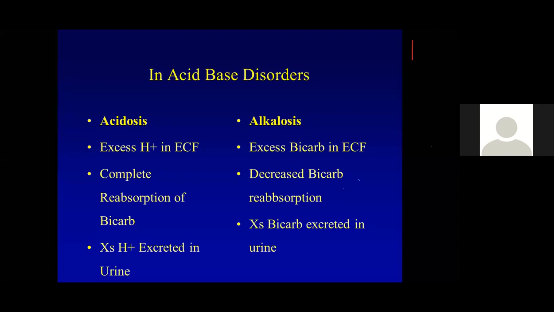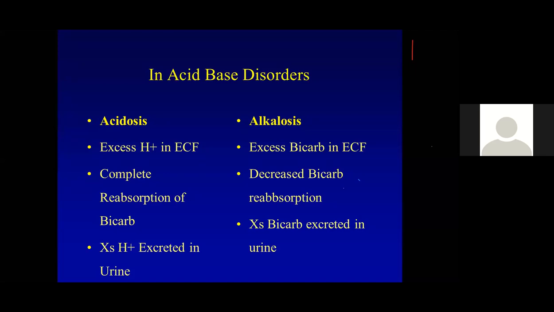When there is alkalosis, there is excessive bicarbonate in the extracellular fluid. So what does the kidney do? It will try to decrease bicarb reabsorption. That means it is throwing out all the excess bicarb into the urine. That is what the renal system will do whenever there is alkalosis in the body.